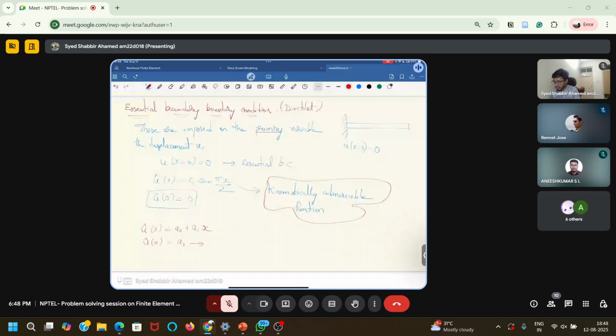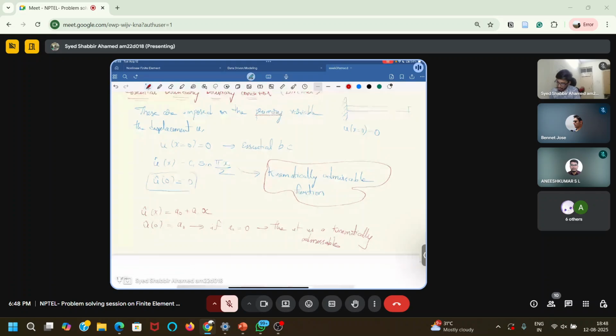So if this a naught equals 0, then it is kinematically admissible. If this a naught is not equal to 0 and has some value, then it is not kinematically admissible. So the essential boundary condition has to be satisfied anyhow.